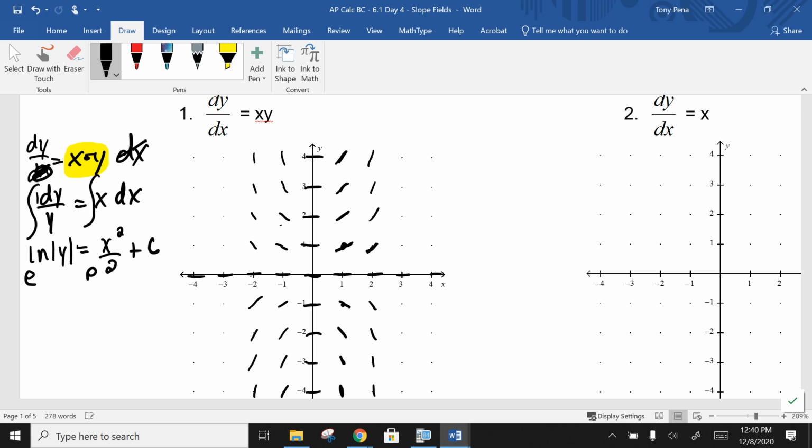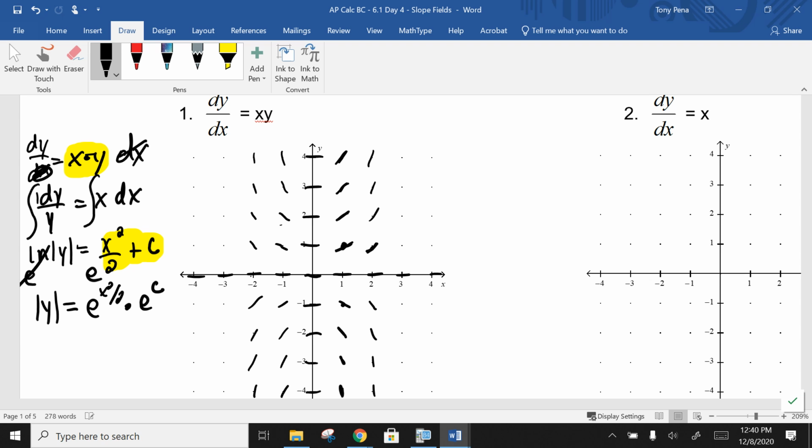Now again, let's see if we understand what we just did before. This initially is our absolute value of y. We have the same thing going on here. We're adding exponents, and the reason you would ever add an exponent is we would have had two separate e's that were getting multiplied by each other. And then to condense that, you would have added the exponent, so we end up with the one term.